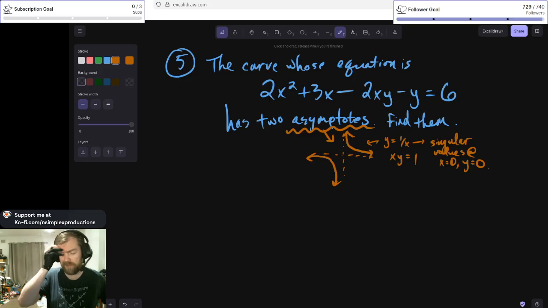But, like, how do we find those? From the original function, 1 over x, we've got a little bit of a problem, right?